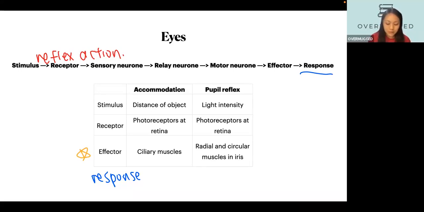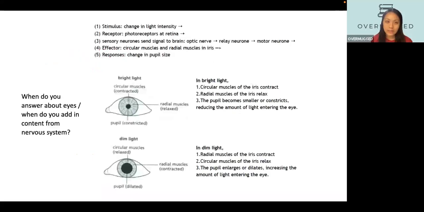Okay, so the next part is about when you answer just about the eyes and when you add in the content from the nervous system. I mentioned that eyes and nervous system are always tested together, but it's not always the case. Let's use the pupil reflex as an example. This is taken from the curated notes, which I just copy pasted.